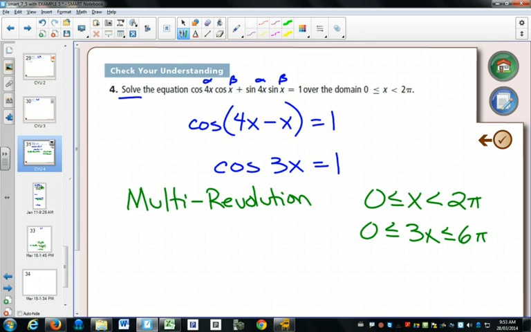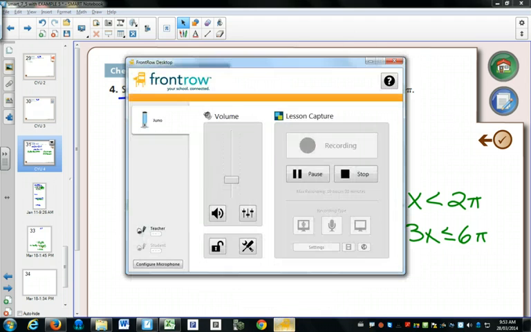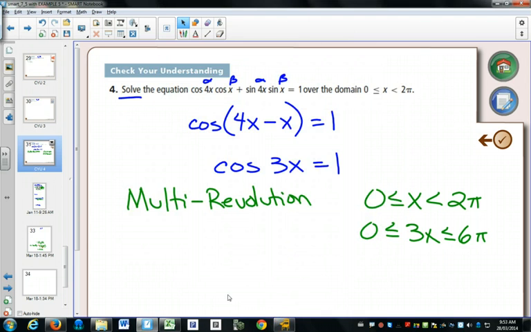We call this a multi-revolution question because it's like going around our pi plate 3 times. So 3x will be between 0 and 6 pi, which is 3 times around. I don't like it when they make one of them not equal because I'll always forget that and have to go back and check it. So the 6 pi doesn't have an equal sign here.